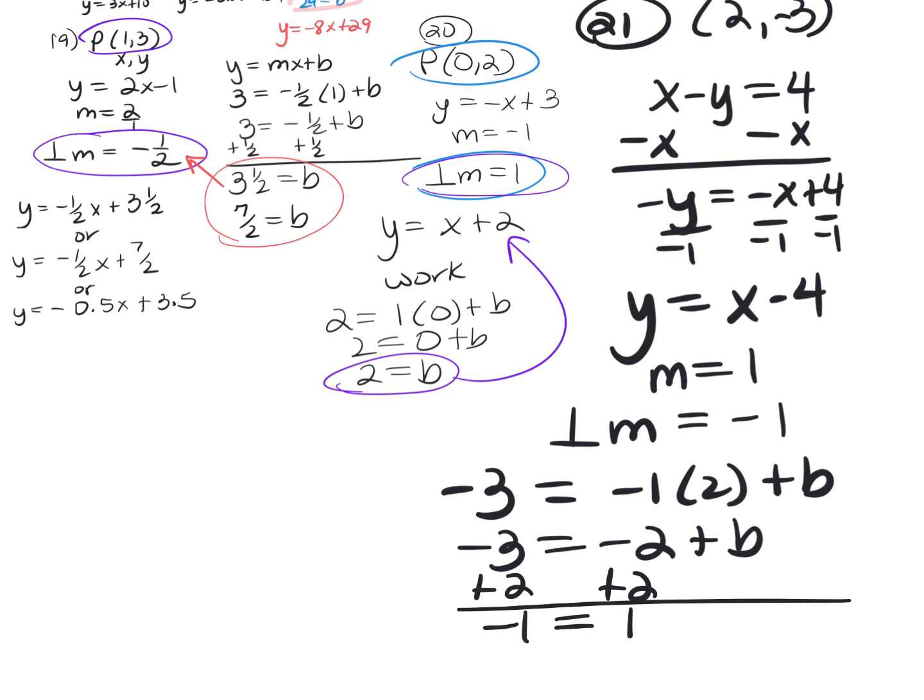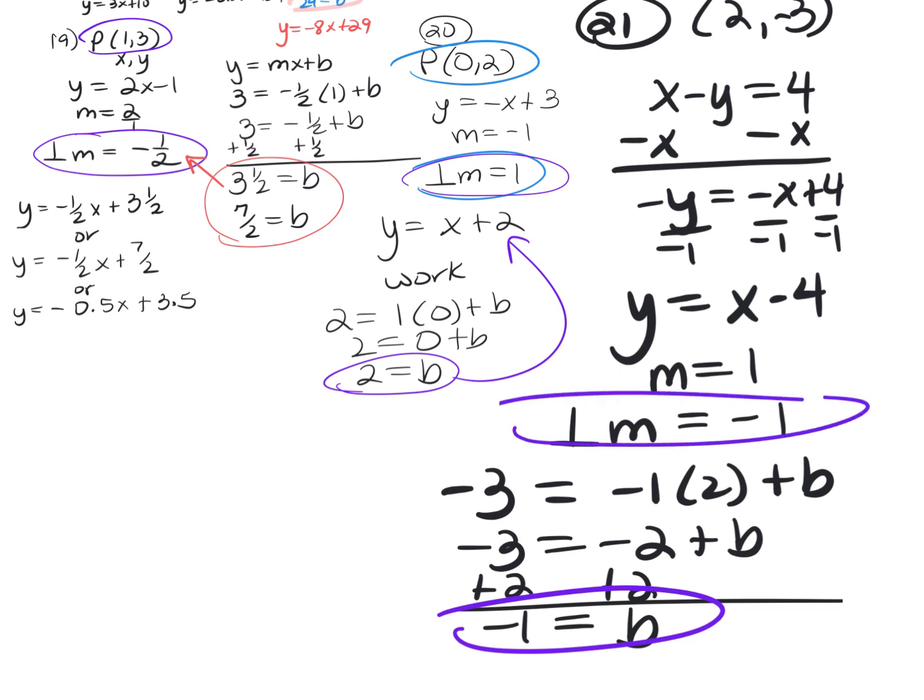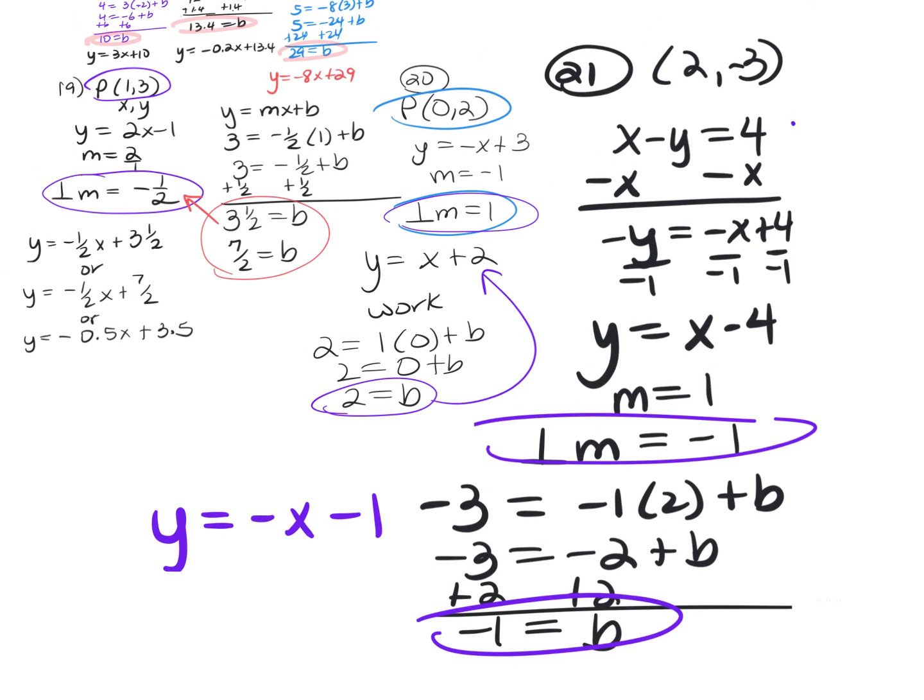Negative 1 equals b. Take the b, take the perpendicular slope, and your equation is going to be negative 1x, so just negative x minus 1. And that would be an equation of the line that is perpendicular to this equation going through this ordered pair.